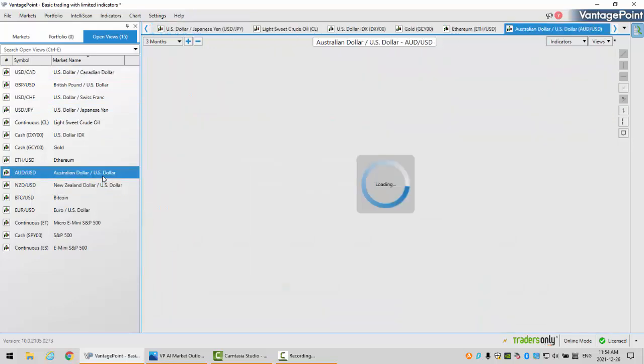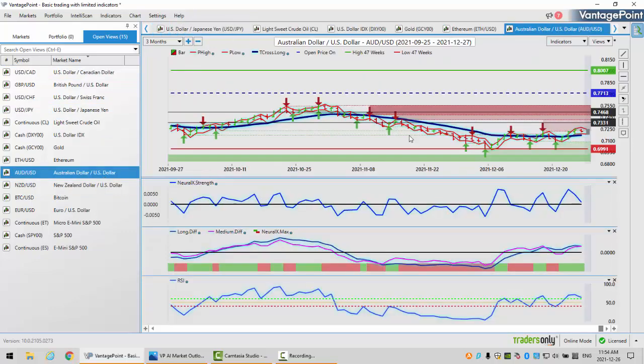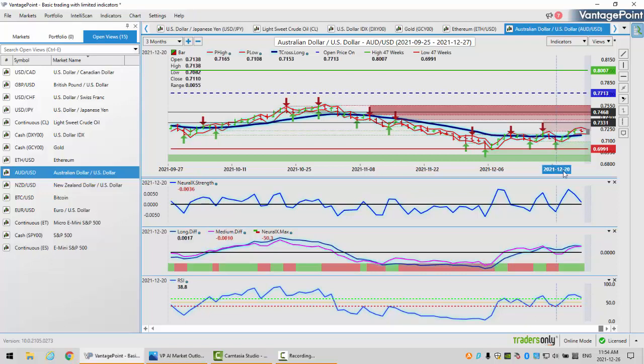The Aussie US and the New Zealand US mirror the US Canada, just inversely. When the equities go up, US Canada goes down, and Aussie US and New Zealand US go up. So we've had a good move, and you can see the exact same date that the S&P 500 turned around, so did Aussie US, guys. Again, you can't script this thing. This is the benefit of looking at an outlook versus a recap of something that already happened.